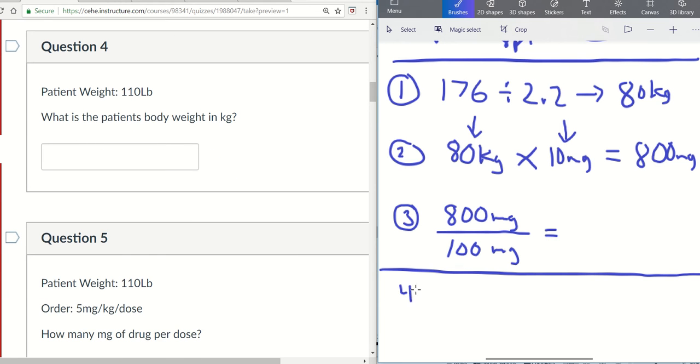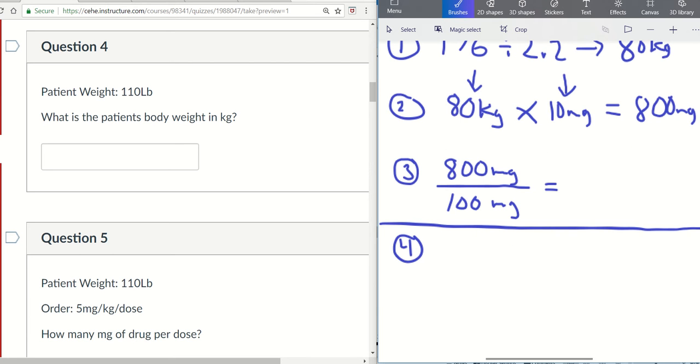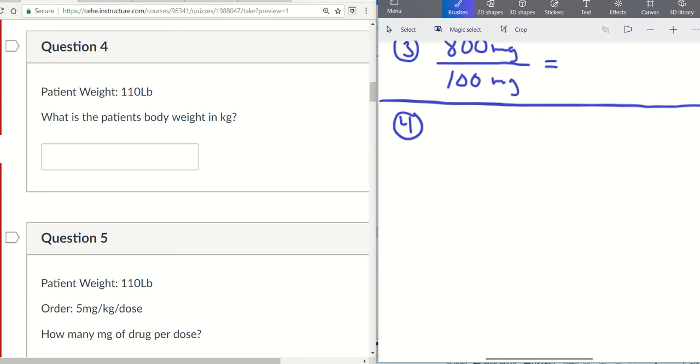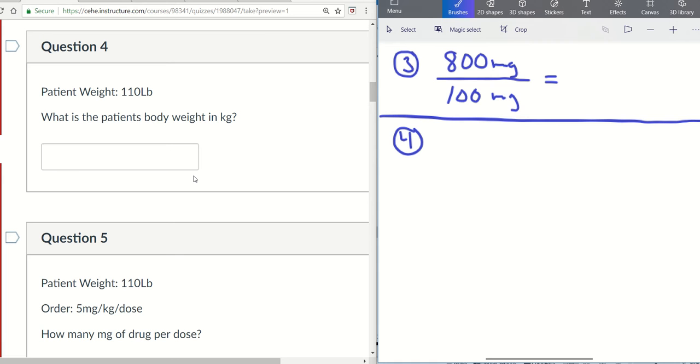All right, let's go on. 4, 5, and 6 will also go together. So 4, just like 1, 110 pounds divided by 2.2.